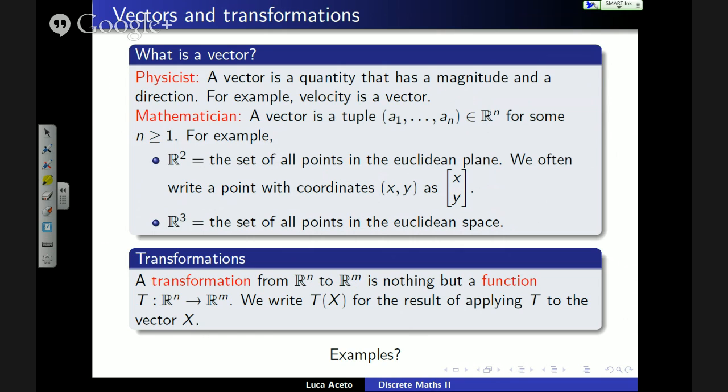What is this? Well, that's nothing but a function that maps n-tuples of real numbers to m-tuples of real numbers. And since they are functions, we write T(x) for the result of applying the transformation T, the function T, to the input vector x. Let me give you an example.